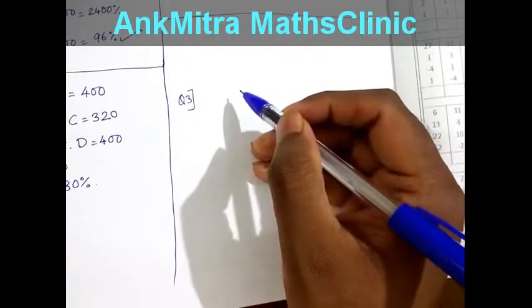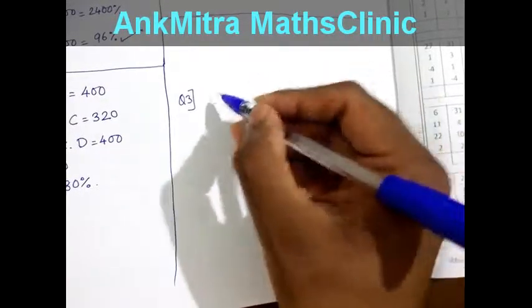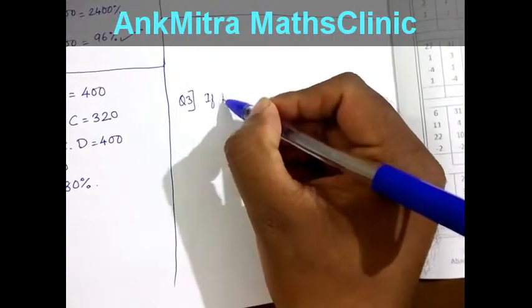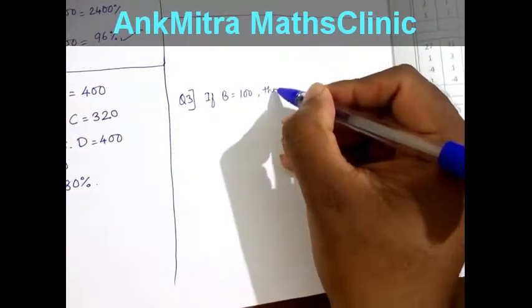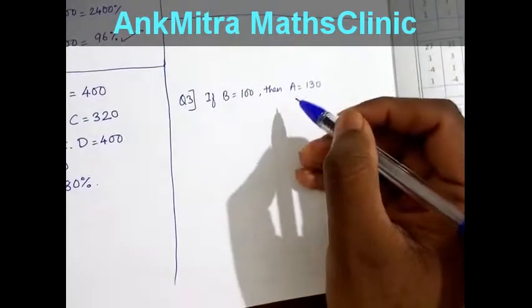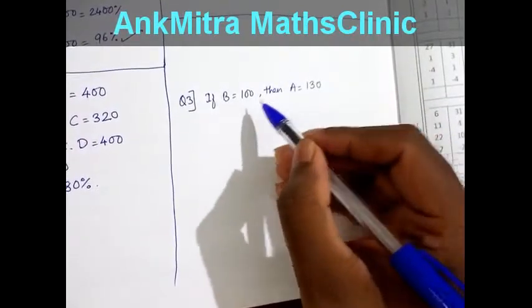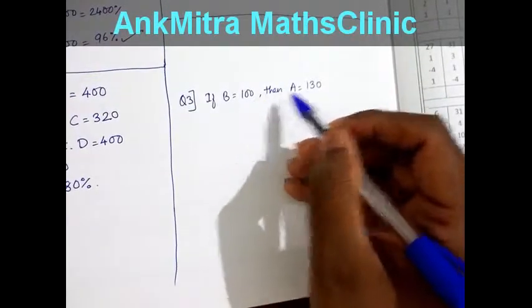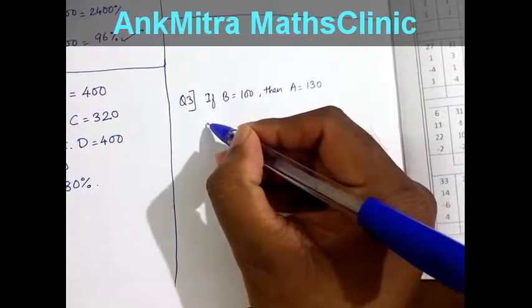In the third question, it is given that A's salary is 30% more than B's salary. So, if B's salary is equal to 100 rupees, then A's salary will be 130 rupees. Now we are asked to find by how much percentage is B's salary less when compared to A's salary. For this, we'll first find the difference.